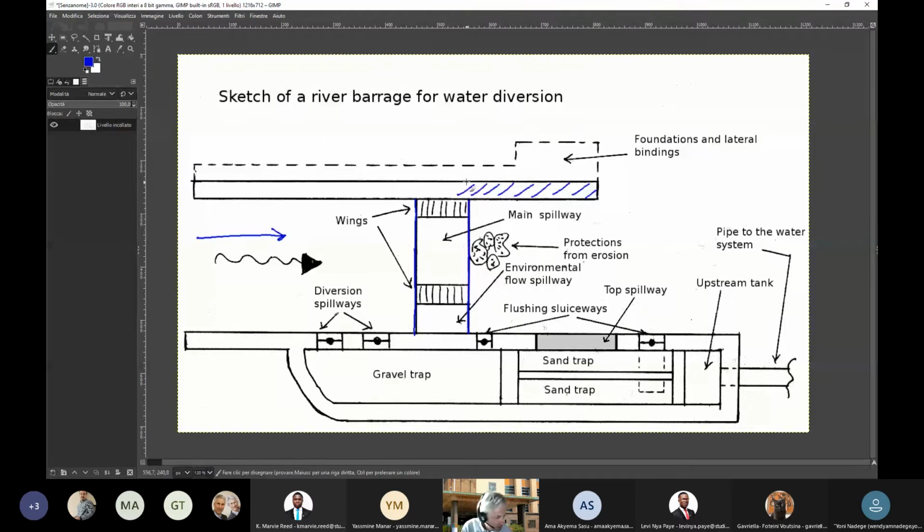Let me just identify the part of the structure with a different color with respect to flow. So this is the barrage. And these are the side walls. The side walls are usually built if one needs to stabilize the slopes, and they are not strictly needed.